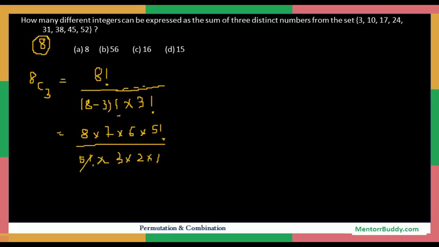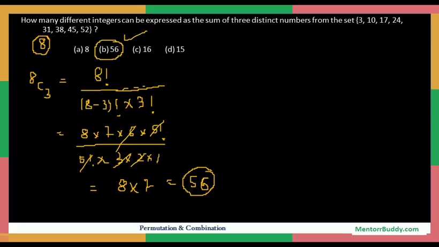So the 5 factorial is ruled out, 3 into 2 equals 6, and we are left with only 8 into 7, which equals 56. So in 56 different ways we can select these 3 numbers out of the lot of 8 numbers. In that case the answer is going to be option B, that is 56.